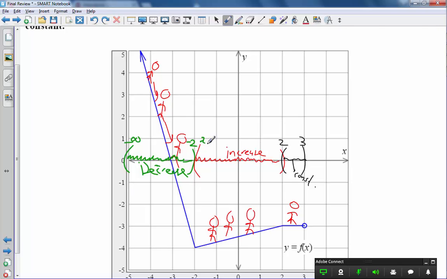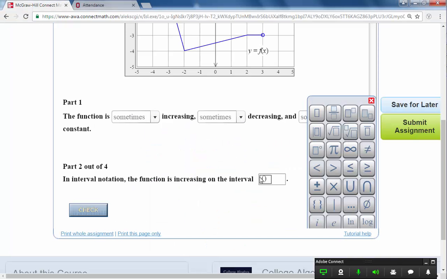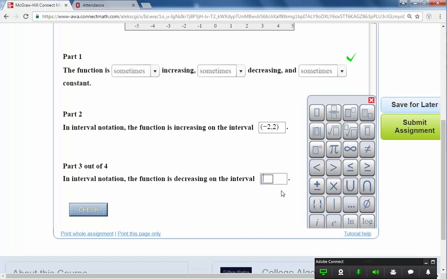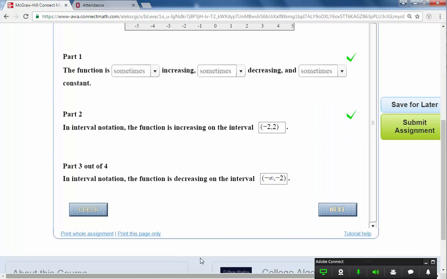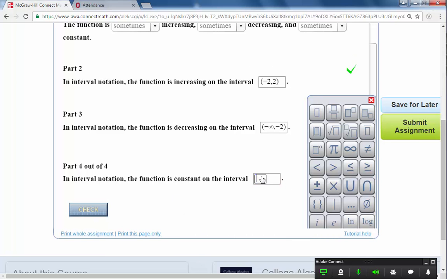So you're increasing from -2 to 2. And then you're decreasing from all the way left, which is negative infinity, to -2. And finally, you're constant on the final small area, 2 to 3, right?